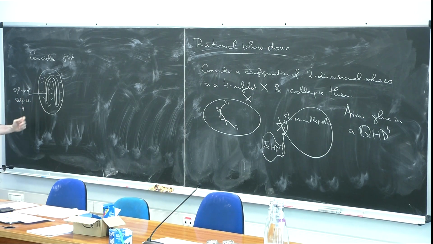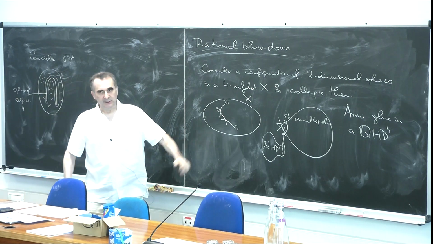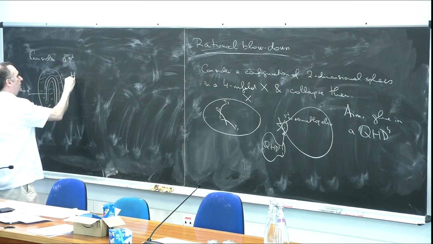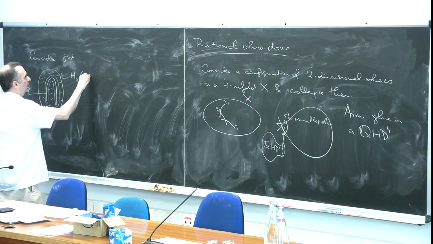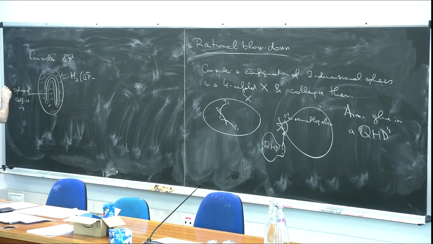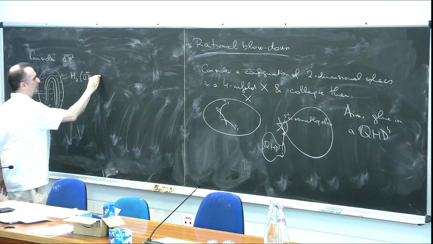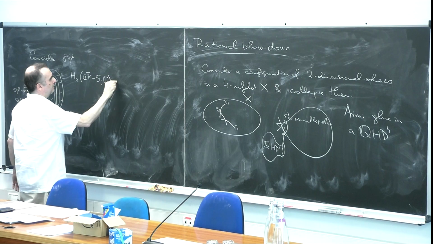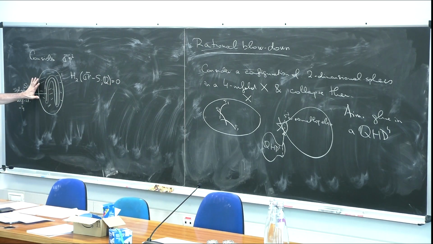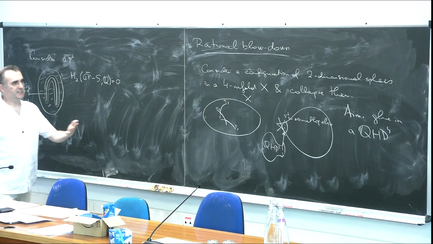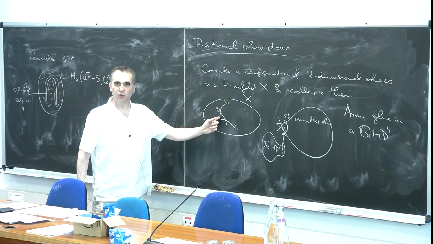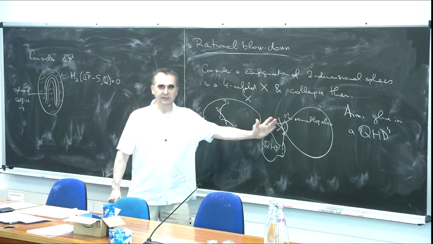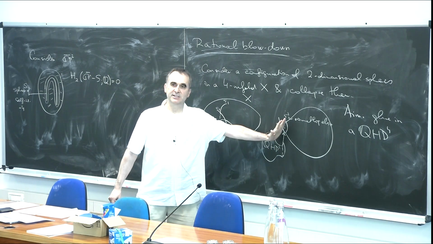So when we take rational homology, the second homology of CP2 bar minus this sphere C will be 0. So this is a fantastic candidate. So that just tells us that if you have a -4 sphere, then we can just run this algorithm and we replace it with something.